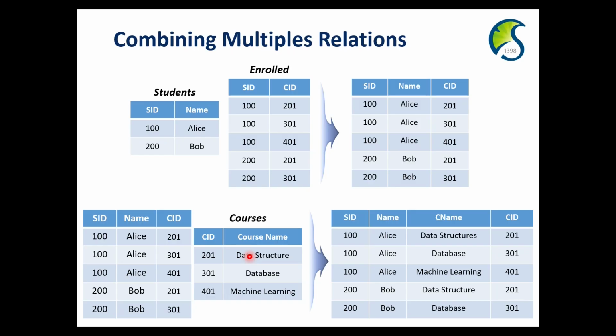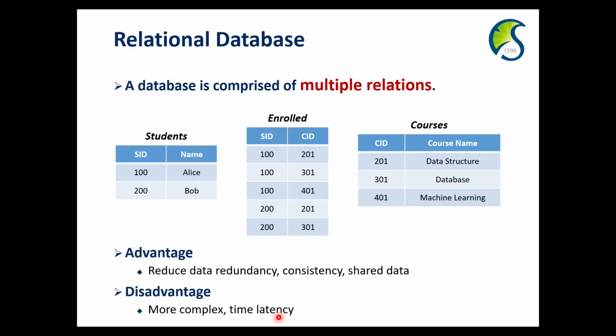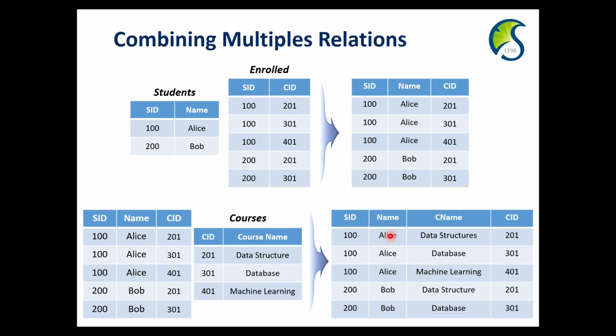So if we want to find some information, we need to combine these three relations. That's why we need more time latency. And this combination is called the join operator.